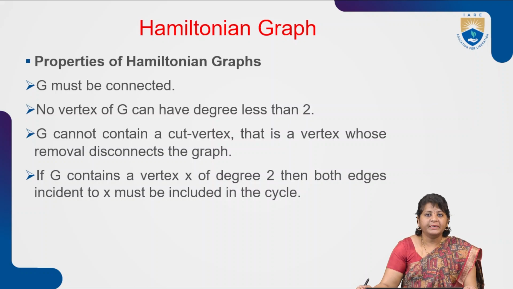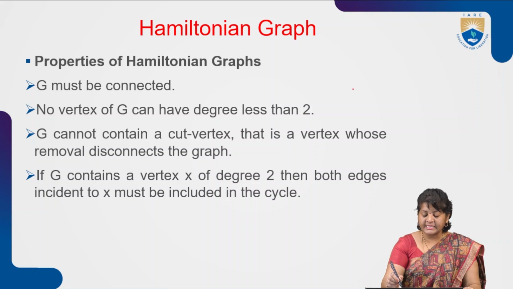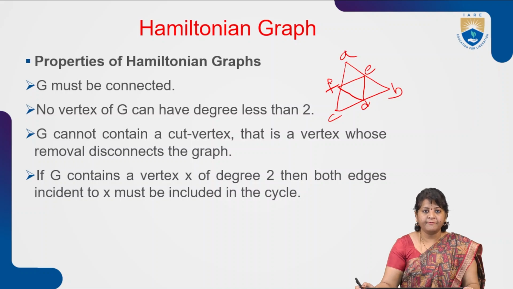Third point, G cannot contain a cut vertex, that is, a vertex whose removal disconnects the graph. As we know, the cut vertex, if you take any graph like this, I'm going to name it A, B, C, D, E, F. This is a graph.